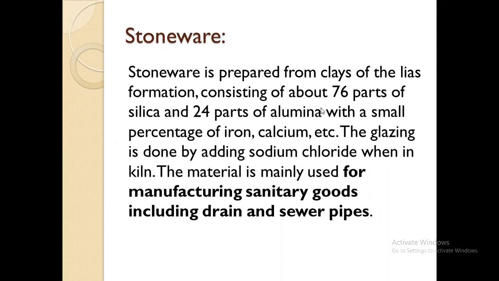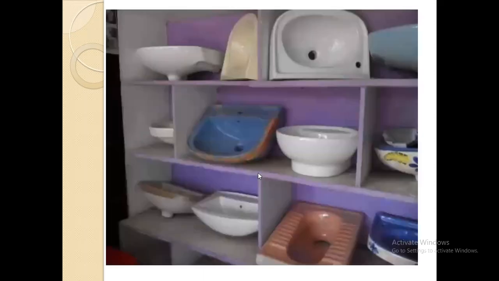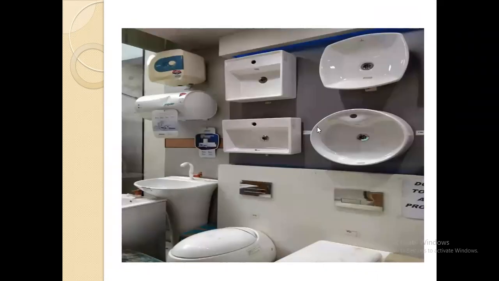The material is mainly used for manufacturing sanitary goods, including drains and sewer pipes. Maybe you have seen the various goods prepared from stonewares, and pipes also, which are used in a plumbing system. You can see here these are the various things prepared using the stoneware material.